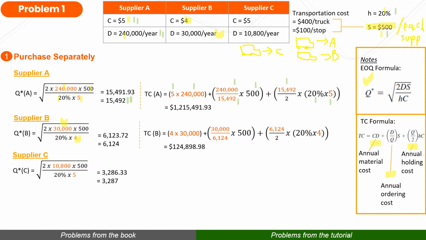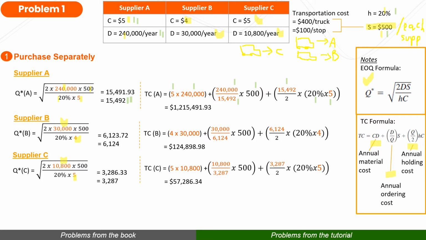And then for the supplier C, also the same. The difference is the numbers that are colored orange. So the Q star from supplier C is 3,287, and then the total cost is 57,286.34. And then we compute the total cost of purchase separately.